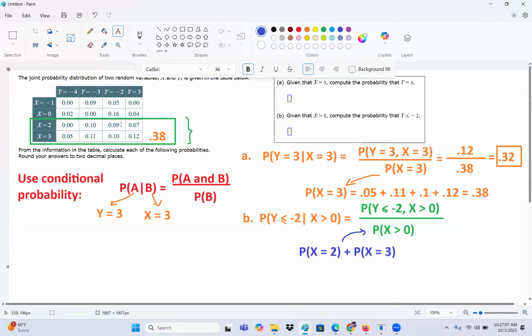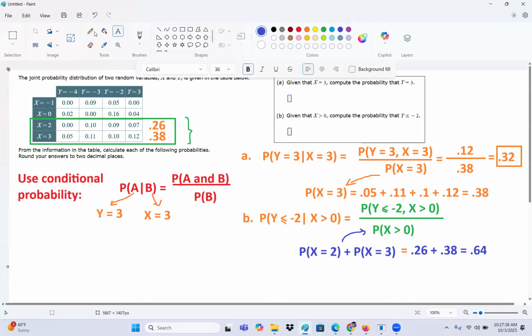This is 0.16, this 0.16, this 0.26. We're looking at pairs, so we add up these 2. Put everything together: 0.26 plus 0.38 gives us 0.64.